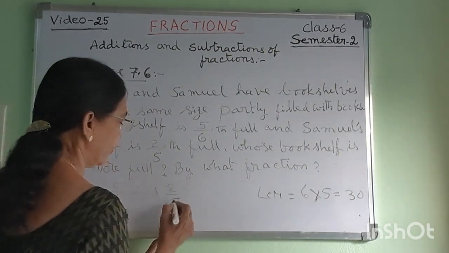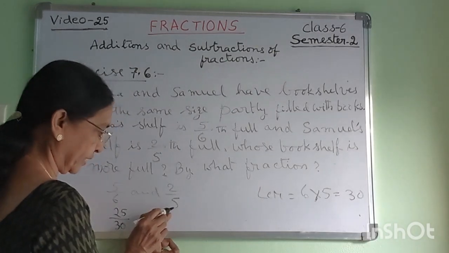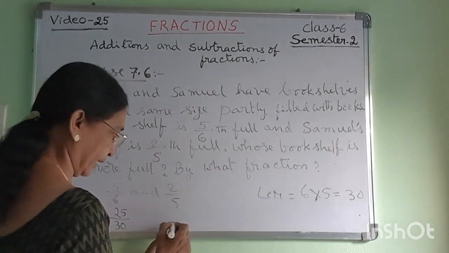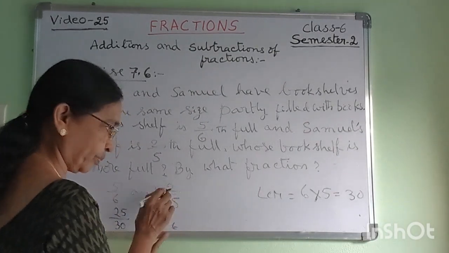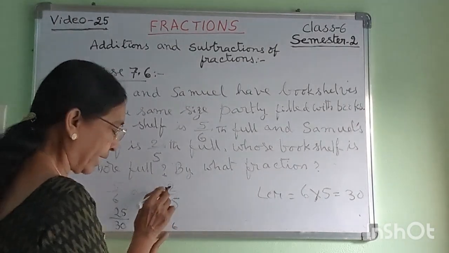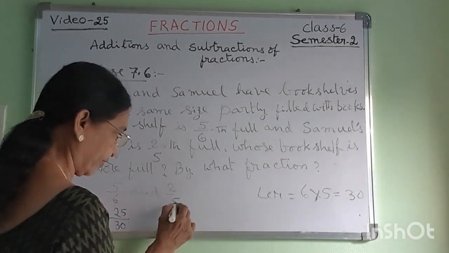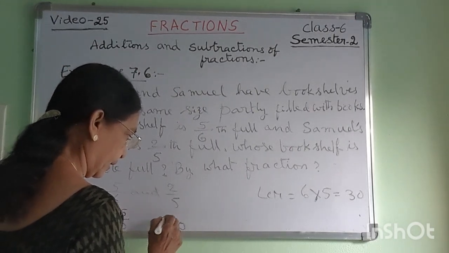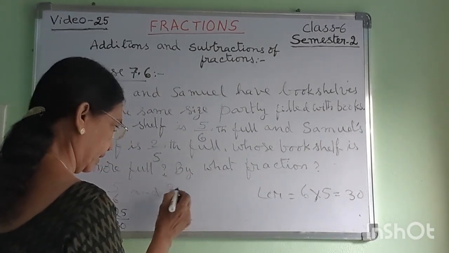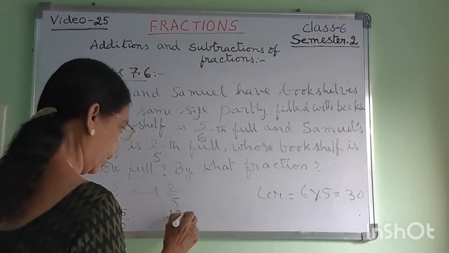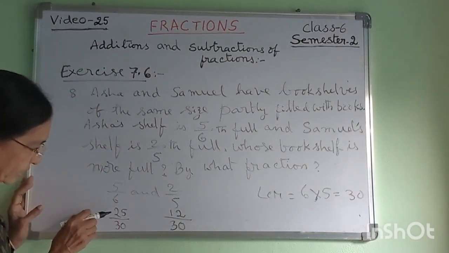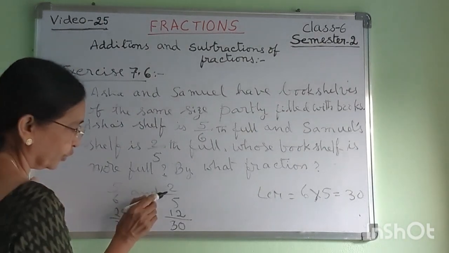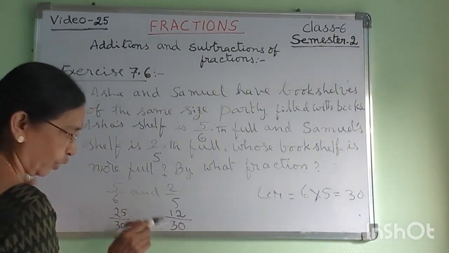Similarly, 2 by 5. If we multiply it by 6, we get 30. Therefore, multiplying both numerator and denominator by 6, 2 6s are 12. So 5/6 is equivalent to 25 by 30, and 2/5 is equivalent to 12 by 30.